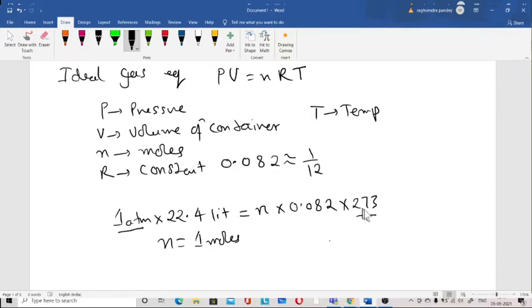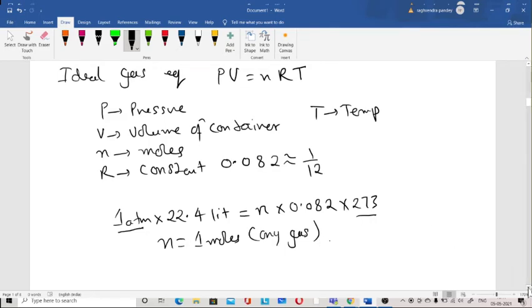In STP condition, when we take a container of volume 22.4 liter, the number of moles of any gas, you can take any gas, will be equal to 1.